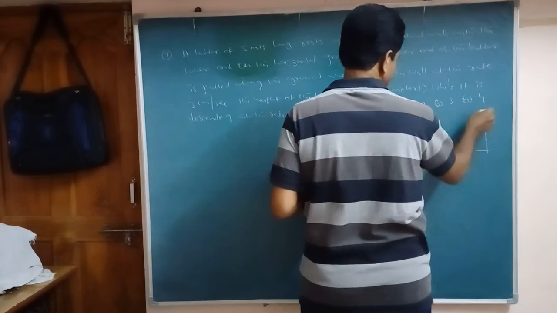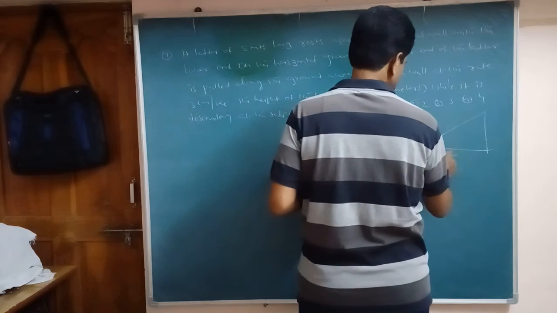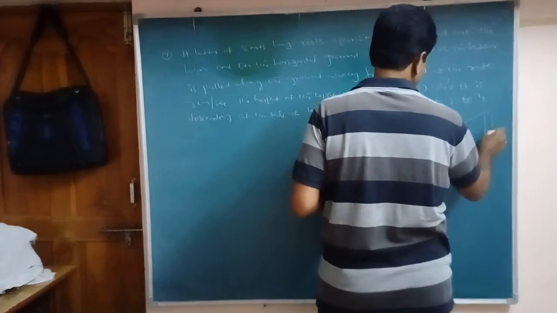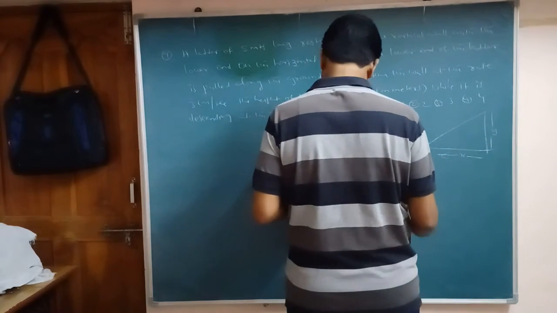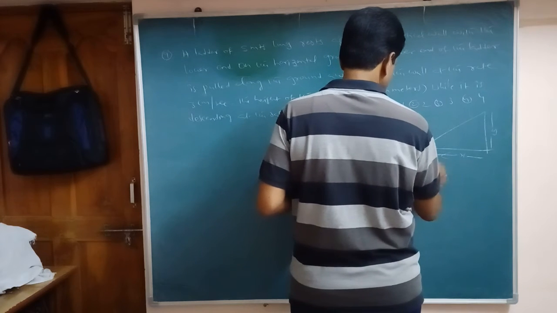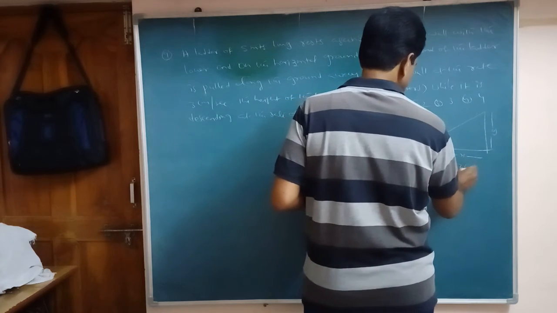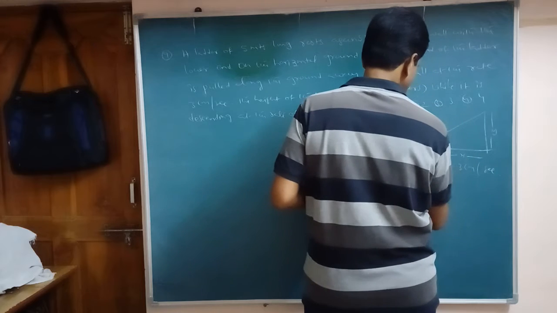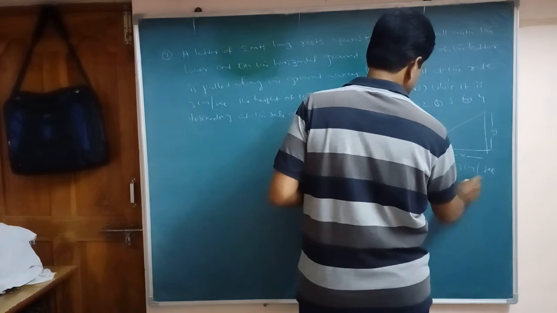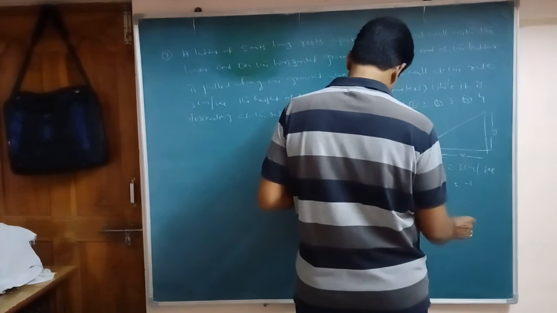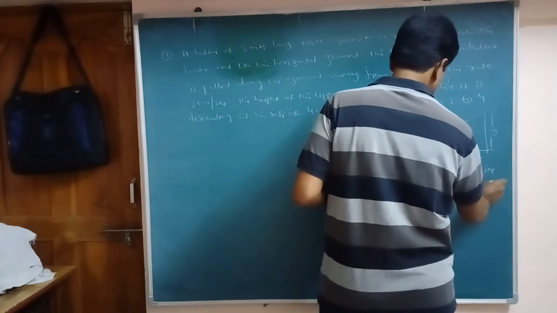So it is a ladder, and it is y. Here dx by dt is given as 3 centimeters per second, and dy by dt is minus 4 centimeters per second.